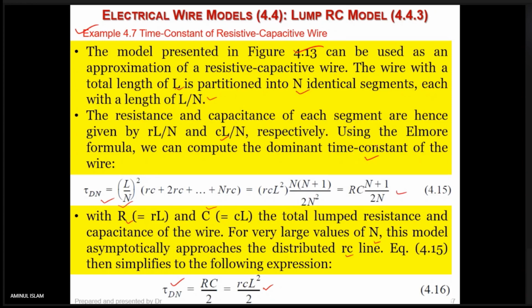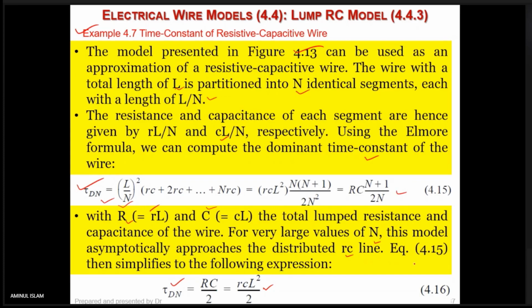Using the Elmore formula, we can compute the dominant time constant of the wire as given by equation 4.15, with R equals rL, C equals cL, the total lumped resistance and capacitance of the wire. For very large values of n, this model asymptotically approaches the distributed model, the distributed RC line. Okay, that accuracy will depend on n, how many segments you are dividing the total length into.